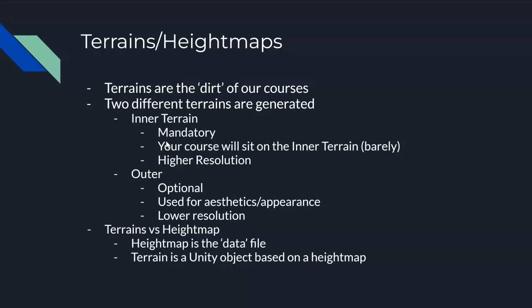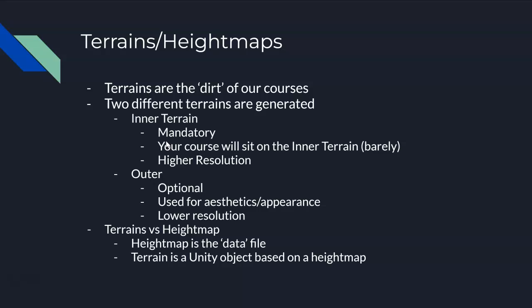So we want that inner terrain to barely encompass the 18 holes of your course, because it is very high resolution. The better the resolution we can get, the better. Think about when you're putting on a green: if we can get down to the inch on how it slopes, that's better.